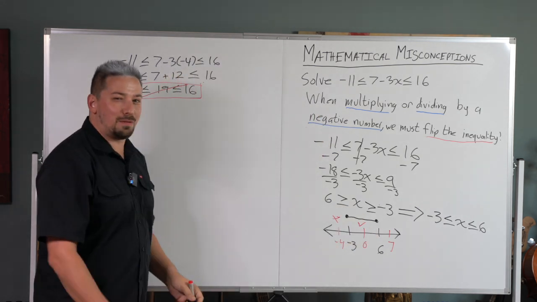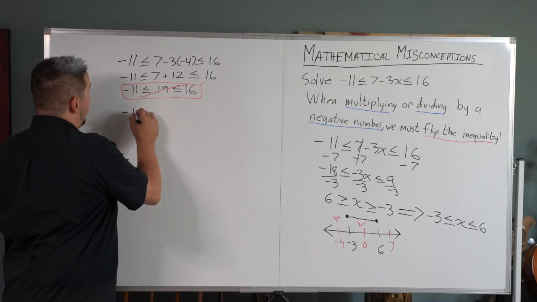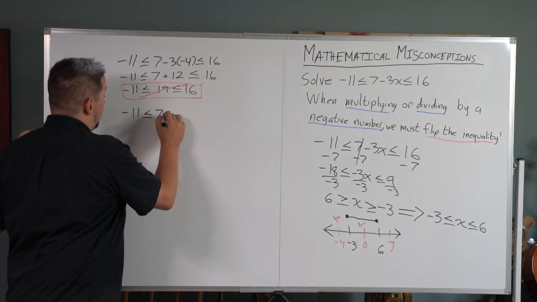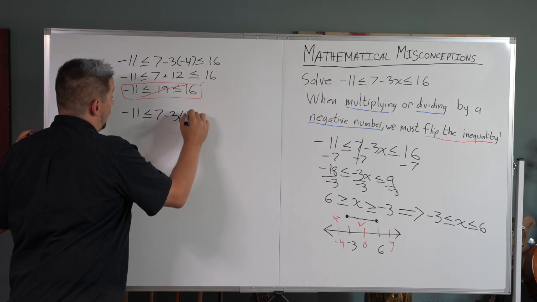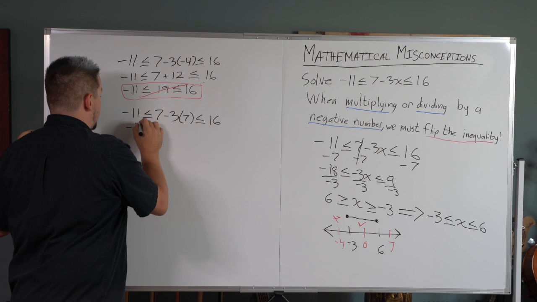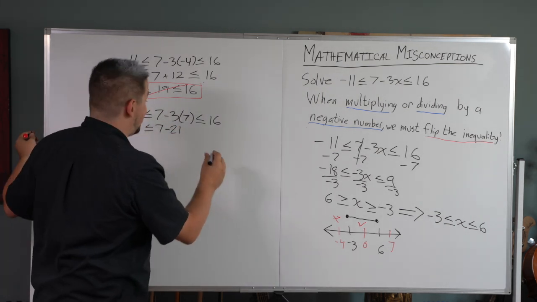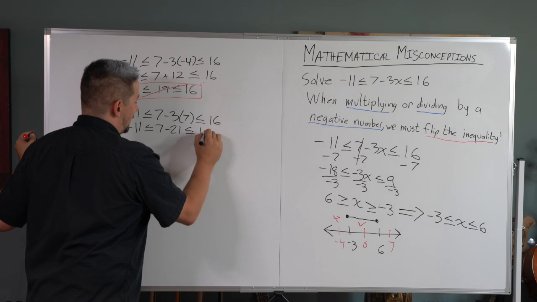Finally, let's choose 7. Don't do 6.05. I want to keep the math simple, right? Negative 11 is less than or equal to 7 minus 3 times 7, which is less than or equal to 16. Go through order of operations as always. 7 minus 21. I'm sure you can see it from here, which is less than or equal to 16.